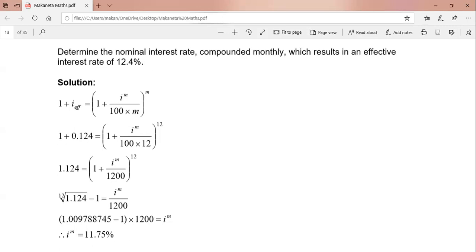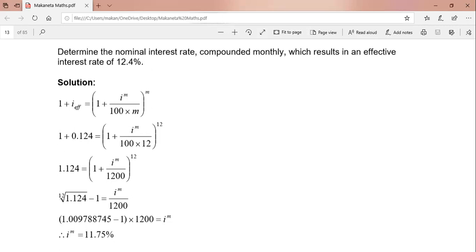So it will be 0.1175 and so on. If you multiply it by 100, it will lead you to 11.75%. And this is the value of the nominal interest rate.